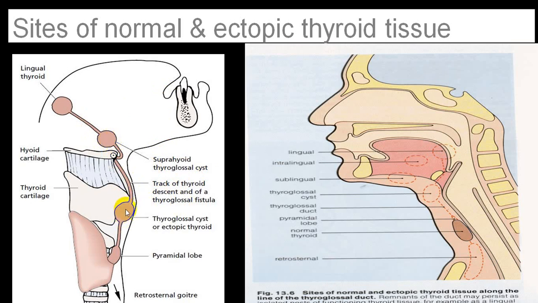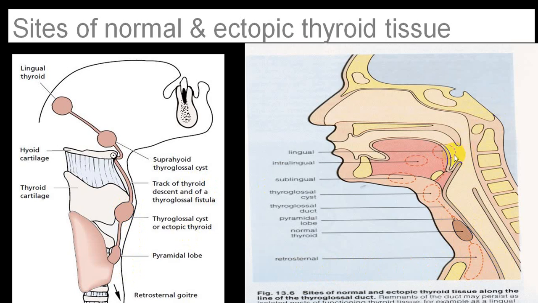And you can have an ectopic thyroid gland lower down into the mediastinum, behind the sternum. So it is called retrosternal, or thoracic ectopic thyroid tissue.